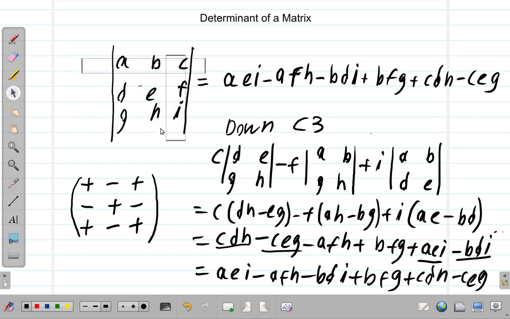Same thing if we cover column 1 vertically and then go down, or we cover column 2 vertically and then go down column 2, or cover column 3 vertically and then go down column 3. Same determinant that we get.